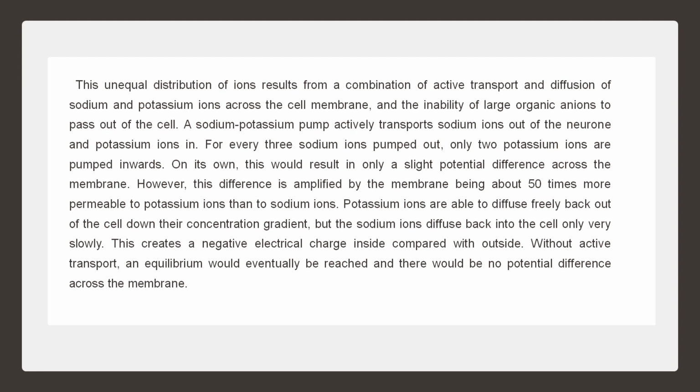Potassium ions are able to diffuse freely back out of the cell down their concentration gradient, but the sodium ions diffuse back into the cell only very slowly. This creates a negative electrical charge inside compared with outside. Without an active transport, an equilibrium would eventually be reached and there would be no potential difference across the membrane.